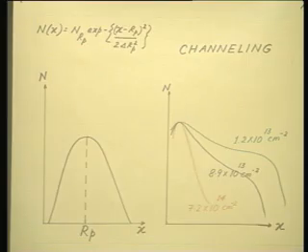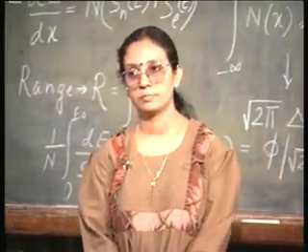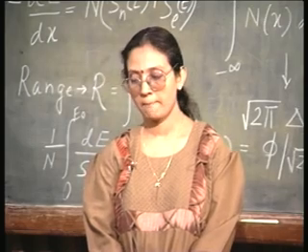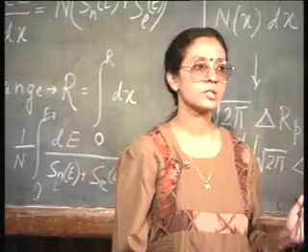These particular curves I have plotted for phosphorus ion implantation at 40 kilo electron volt, and in this case the beam is aligned in the 110 direction. Do you see a very interesting feature?